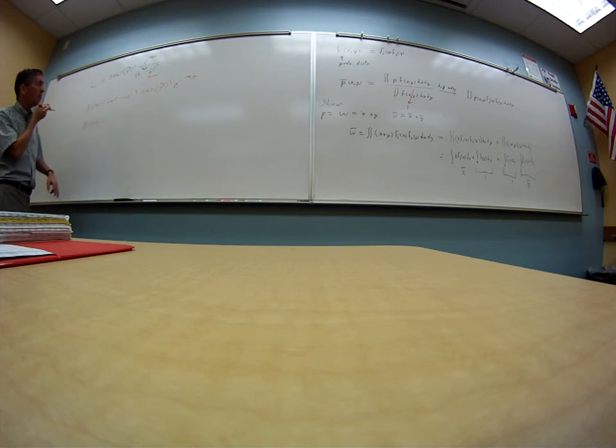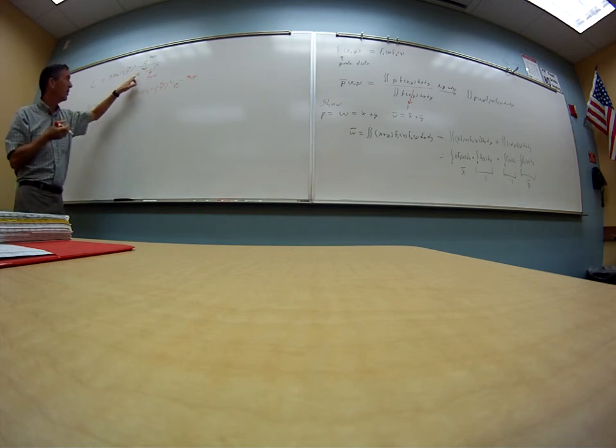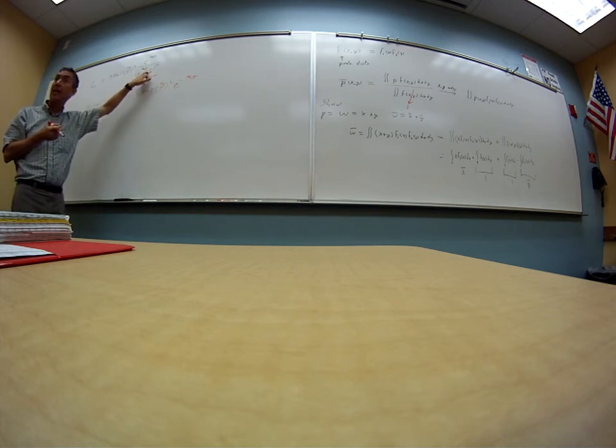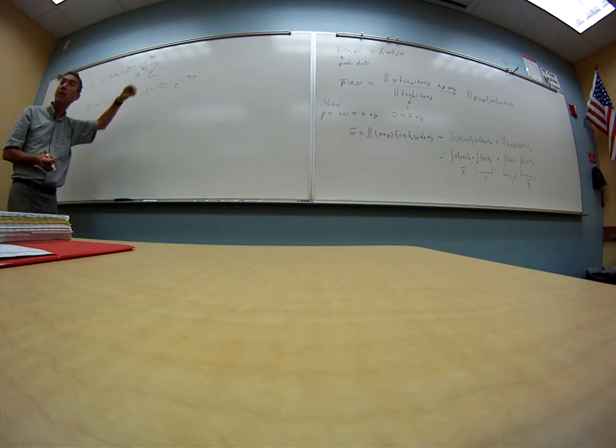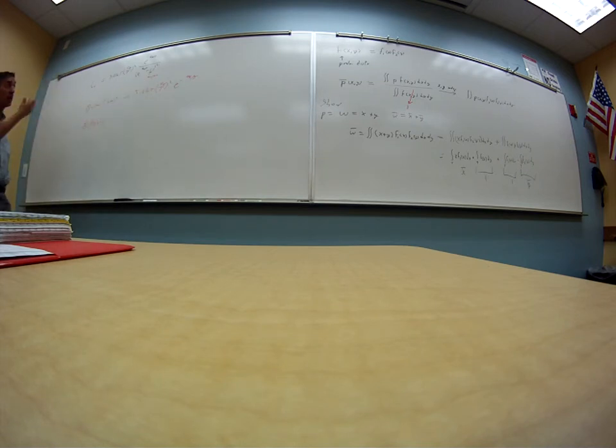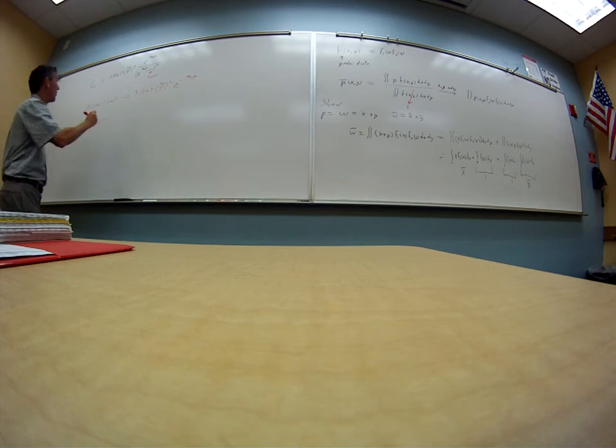The high temperature limit's a little different. In the high temperature limit, T is big, so this is small. The 1's definitely not neglectable. Can't do that. But you can expand. Another trick that just naturally comes to mind if you see an exponential is to expand the exponential.